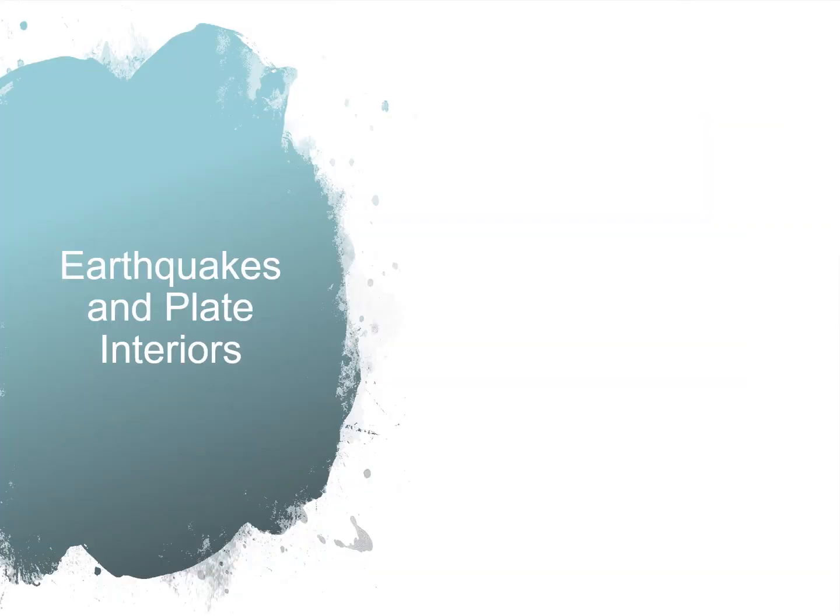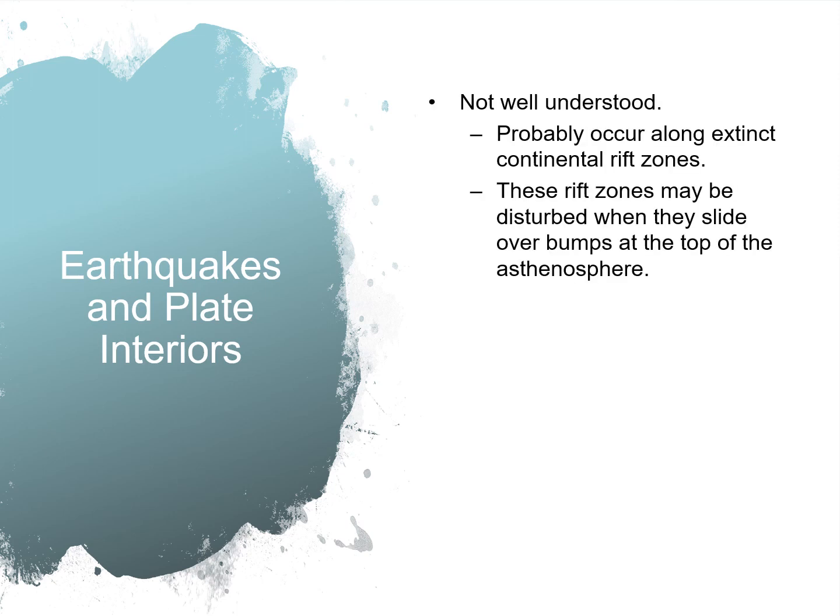Okay, so looking at earthquakes and plate interiors. Now we mentioned that most earthquakes happen at plate boundaries, but we have some that happen in the interior of plates. And so these, again, are not as well understood. It's possible that some of these could be ancient rift zones that never fully matured, but didn't really heal over either.